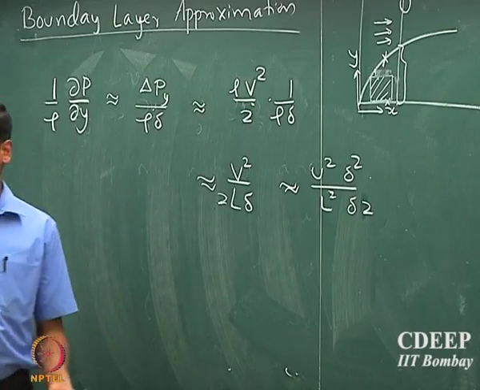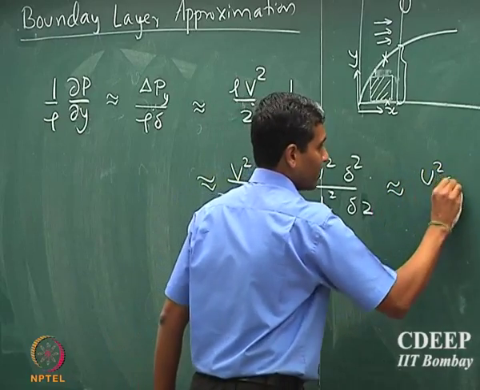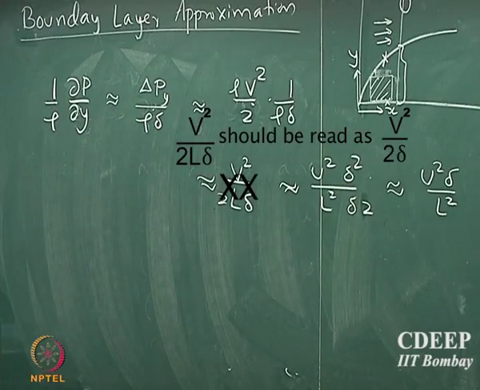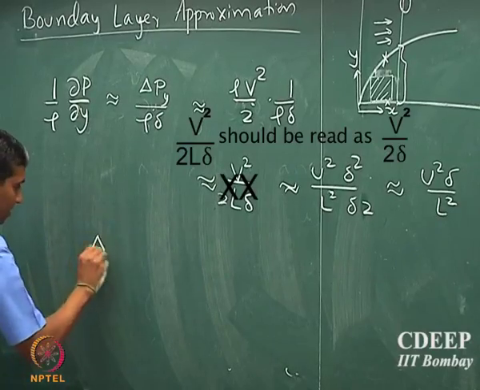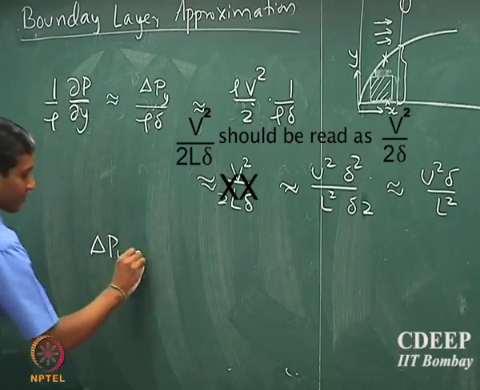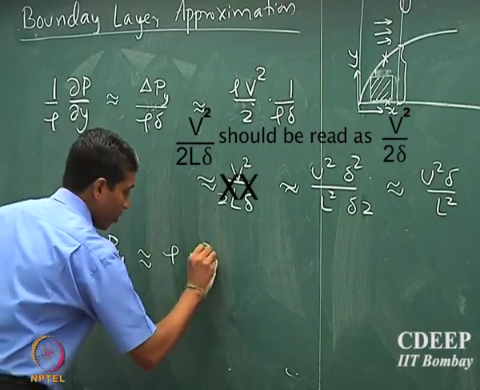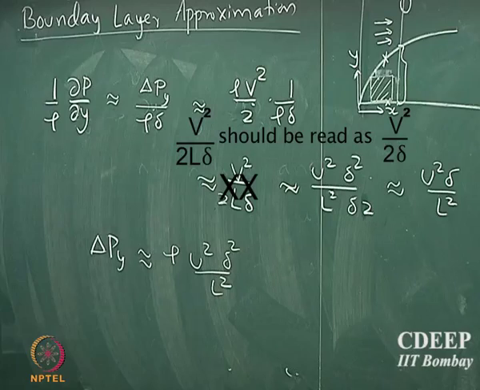So if I take modulo constant, this really scales as U square delta by L square, okay. So that's the scaling for delta P by rho into delta. So therefore delta Py scales as rho U square delta square by L square, okay.